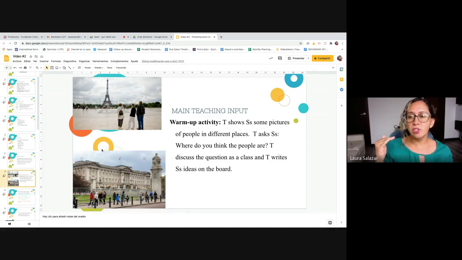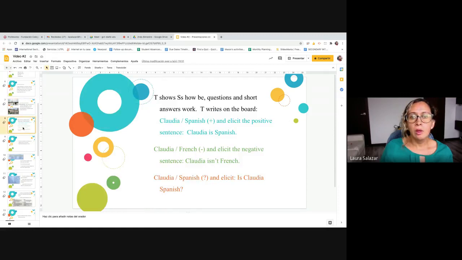So the teacher is going to start with a discussion about where do you think the people are in these pictures, and some other pictures that the teacher will show. The teacher shows students how be questions and short answers work. The teacher writes on the board: Claudia, Spanish, the positive, and elicits the positive sentence.